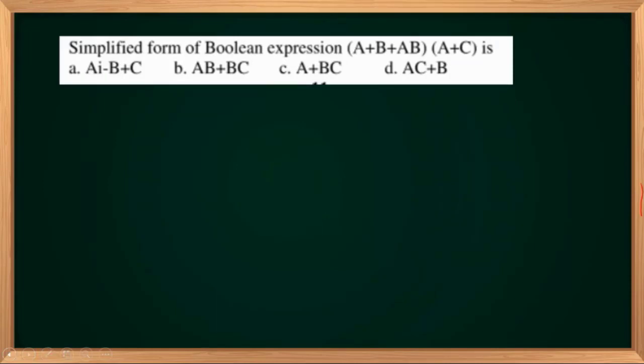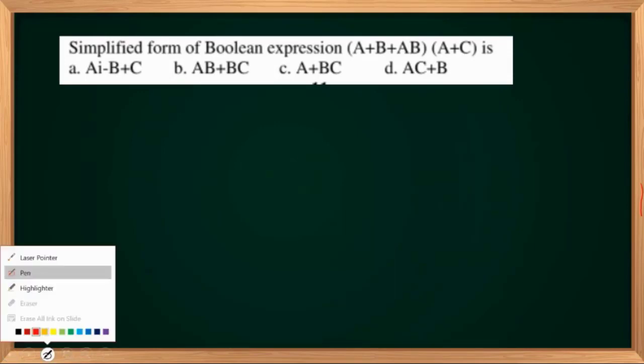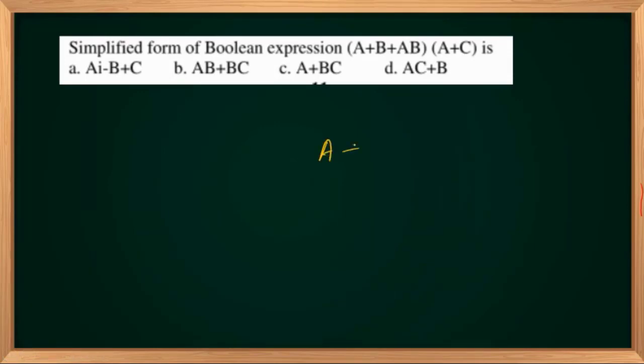Right. Next one is the simplified form of the Boolean expression A plus B plus AB dot with A plus C. Four options. Answers.